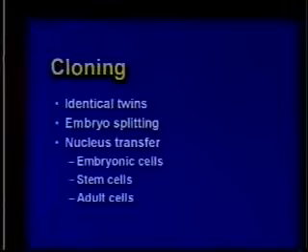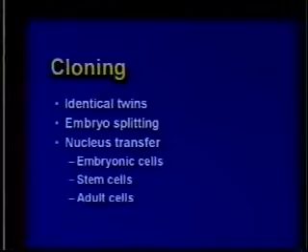By using the technique of nuclear transfer, taking the nucleus from a donor animal, a very desirable animal, and putting that into an oocyte from which the nucleus has been removed. So an enucleated oocyte receiving a nucleus from an elite animal.